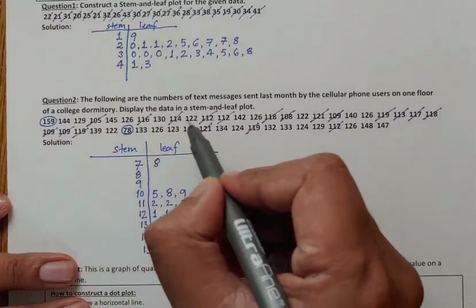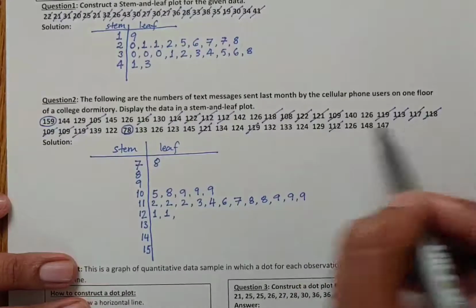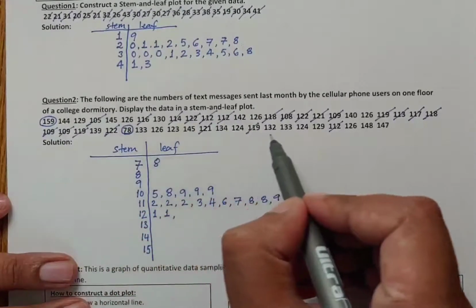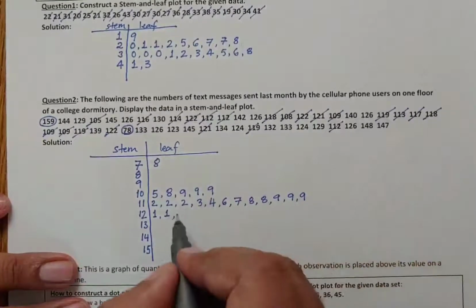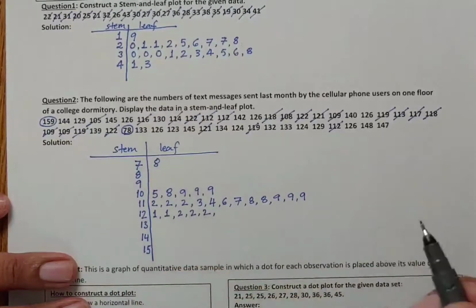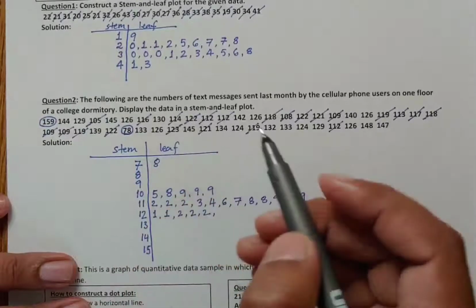We have 122, 1, 2, 3. So 122 three times, and now we have 123.